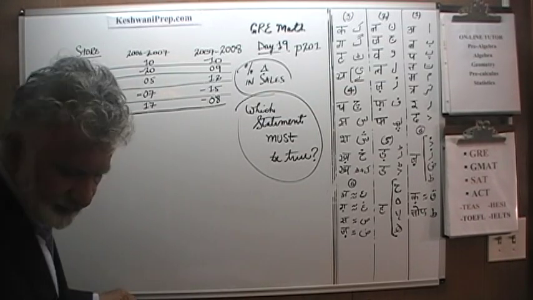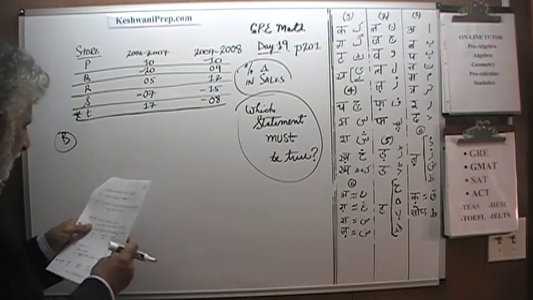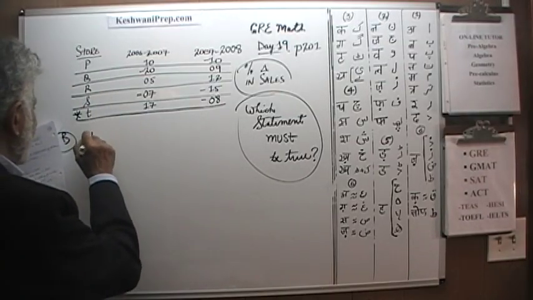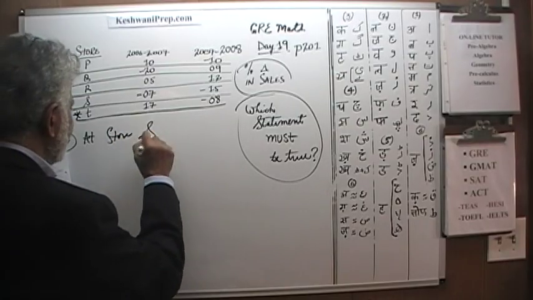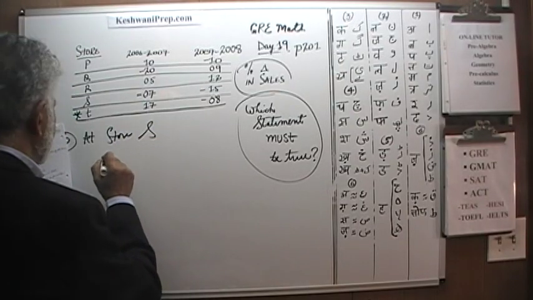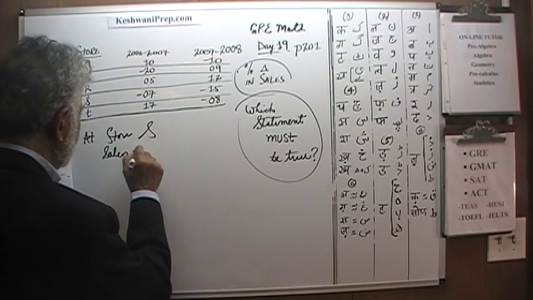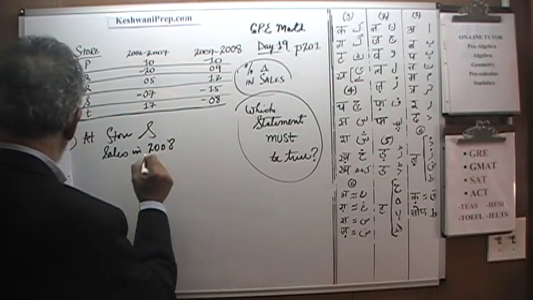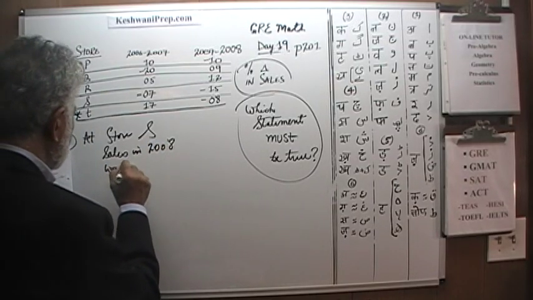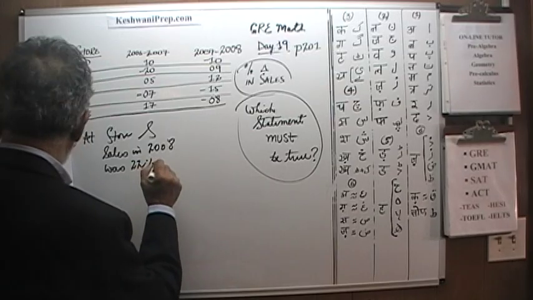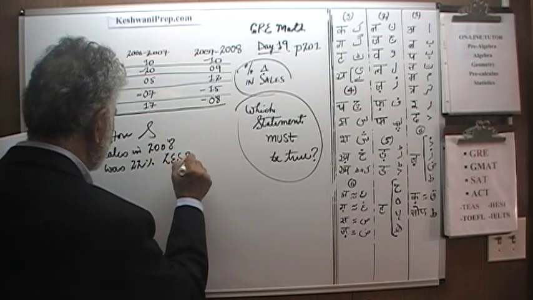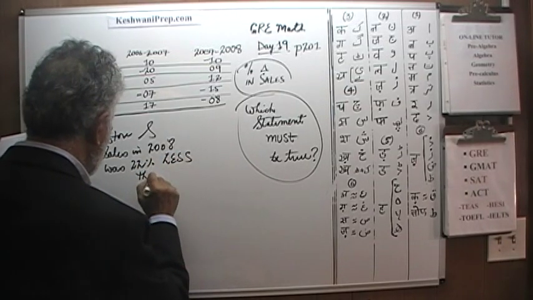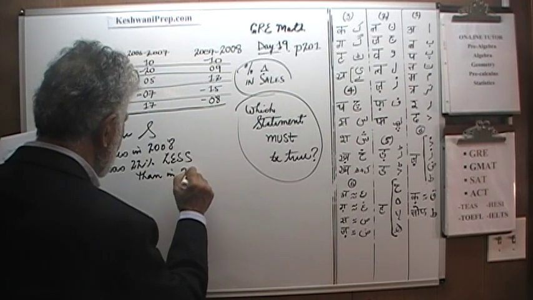Statement B says, at store S, the sales in 2008 was 22% less than in 2006.